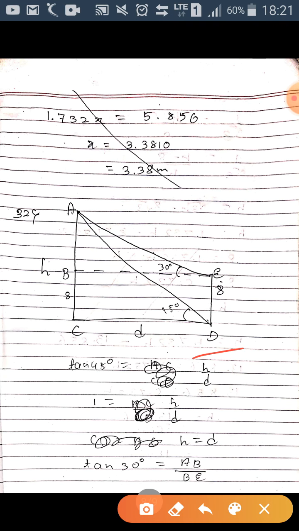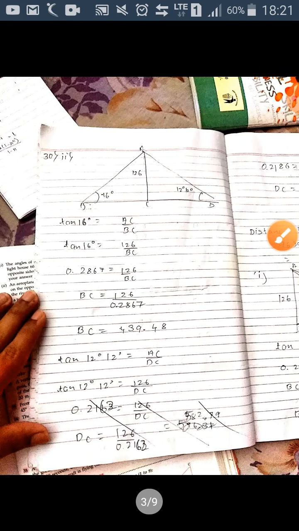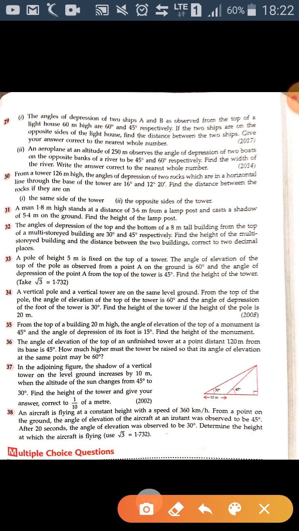Next we come to sum number 32. Let's first read sum number 32. What is being said is that there is an 8-meter tall building, seen from the top of a multi-storied building at 30 degree and 45 degree.